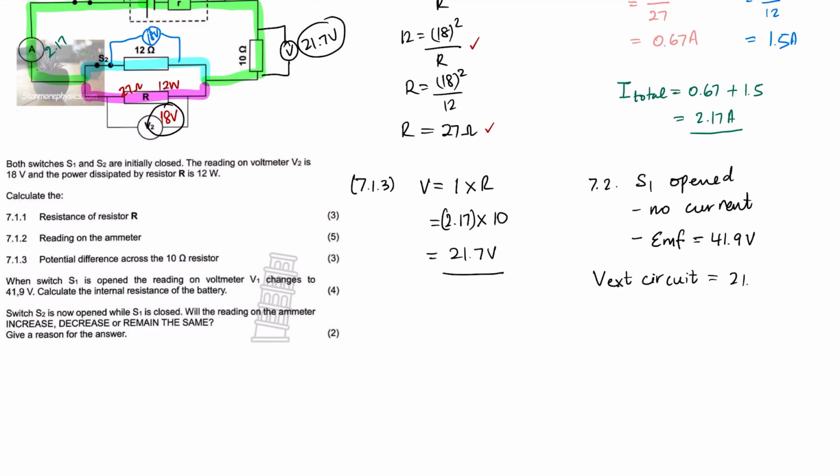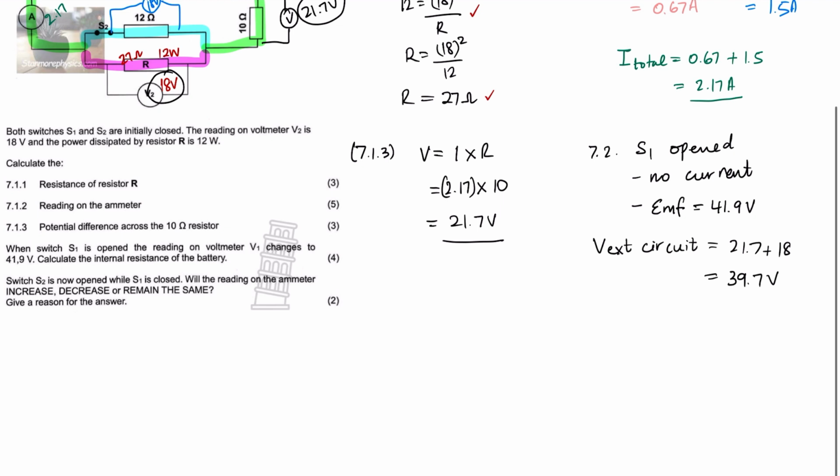So 21.7 plus 18 gives me 39.7 volts. This is what the components in the circuit are using up. But remember, the battery has an EMF of 41.9, so there is a shortage. That shortage is called lost volts.